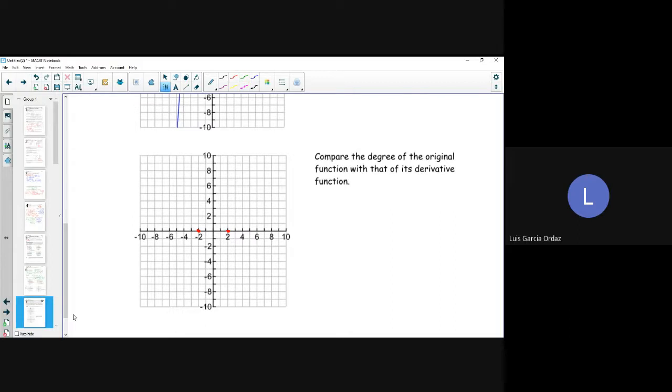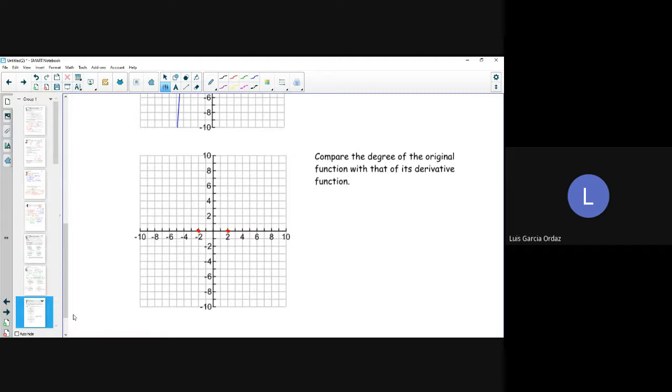So our derivative for x cubed is going to be x squared, okay?